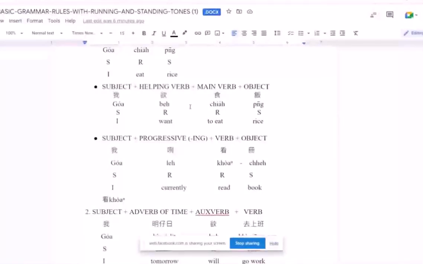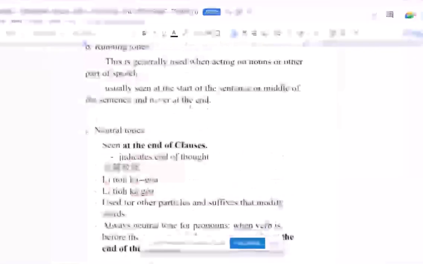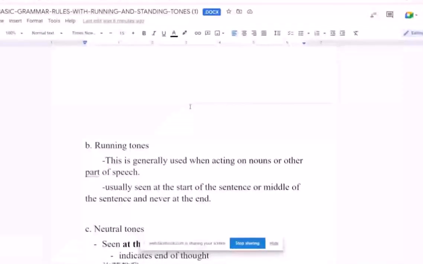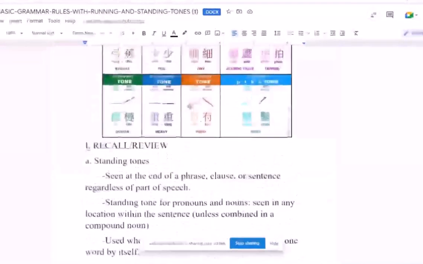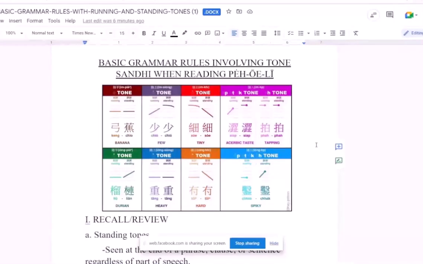Yeah, you just need to practice, just like what Tim said a while ago. You just need to practice forming sentences, and then you'll notice that when Tim said each word in the sentence a while ago all in standing tone, didn't you notice that it sounds very off?